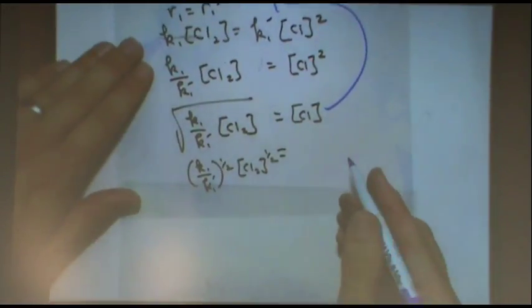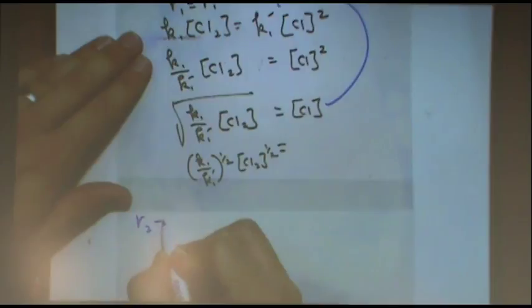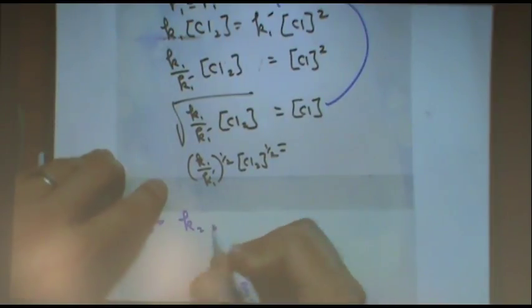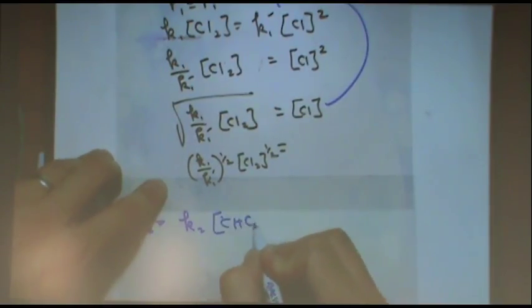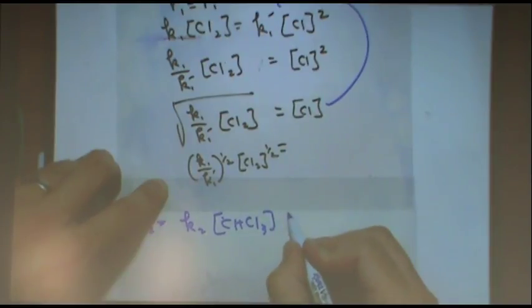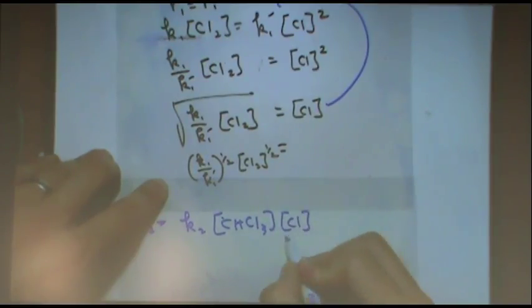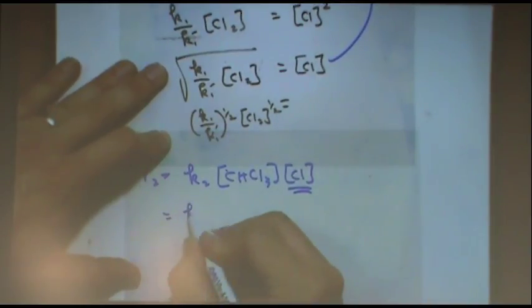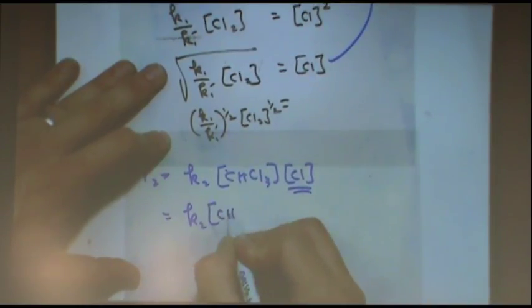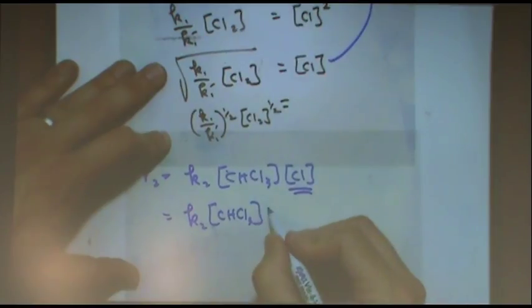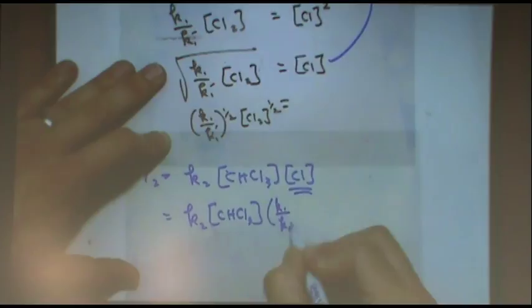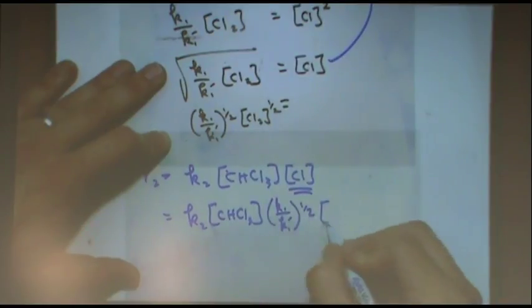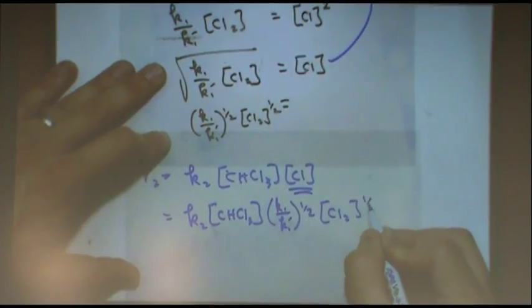Okay, so let me rewrite rate 2 one more time. Rate 2 is K2 CHCl3 Cl. Again, I'm plugging in for Cl. This expression right up above. It's going to be K2 CHCl3 times K1 over K1 reverse to the 1/2 and Cl2 to the 1/2.